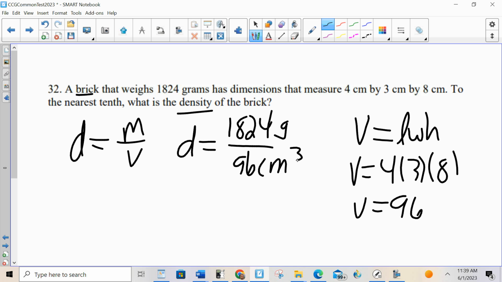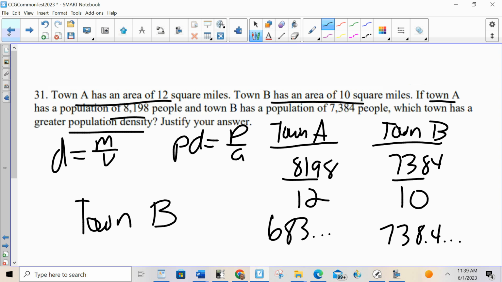Divide them, and you get 19 grams per cubic centimeter. And I guess I should have put units here. People per square mile, for those of you who want to be really particular, because density without units doesn't really mean anything. So that would be that.